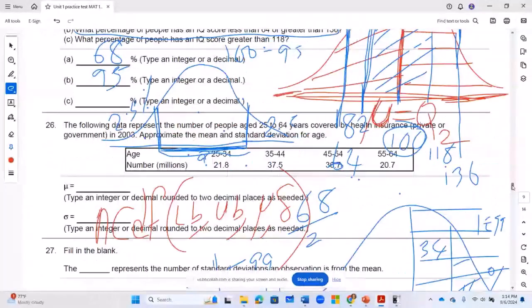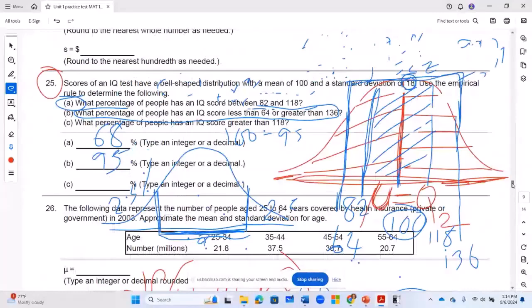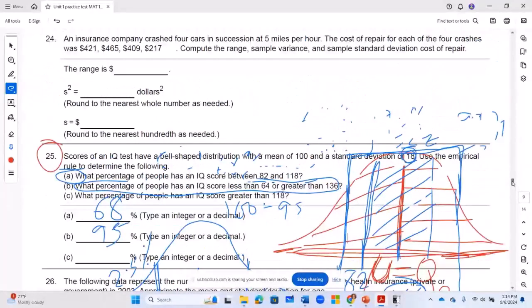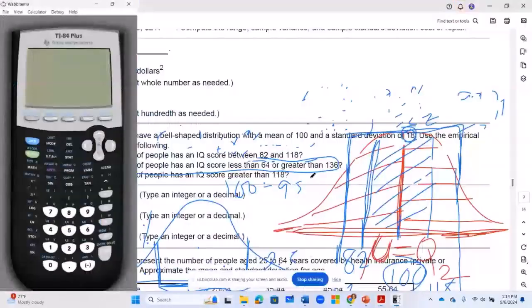And we are using the calculator this time. And by the way, where do I see normal CDF? Second distribution, the normal CDF.